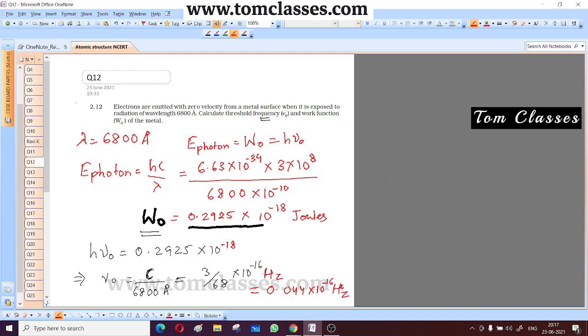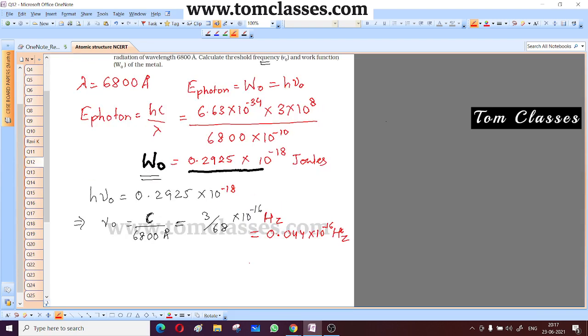So you can shift the decimal place over here, divided by 100, so it will be minus 18 in that case.